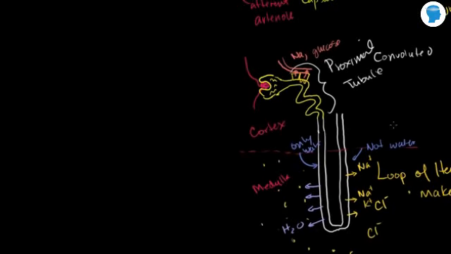So then we leave the loop of Henle, and then we're almost done with the nephron. Then we're in another convoluted tubule, and you might even guess the name of this convoluted tubule. If this was the proximal one, this is the distal one. And just to make my drawing correct, it actually passes very close to the Bowman's capsule. So let me do it in a different color.